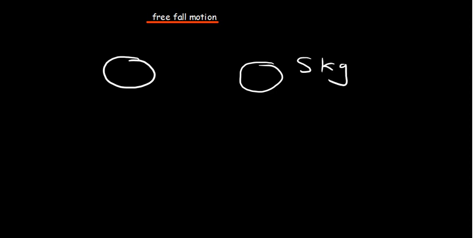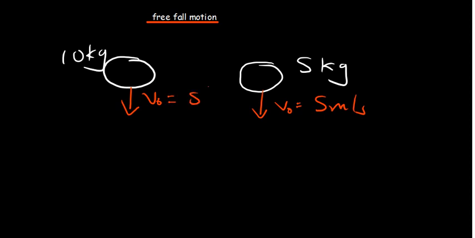The first principle of free fall motion: if I have two objects, let's say this object has 5 kg and this object has 10 kg, and I throw them using the same initial velocity, say 5 meters per second.